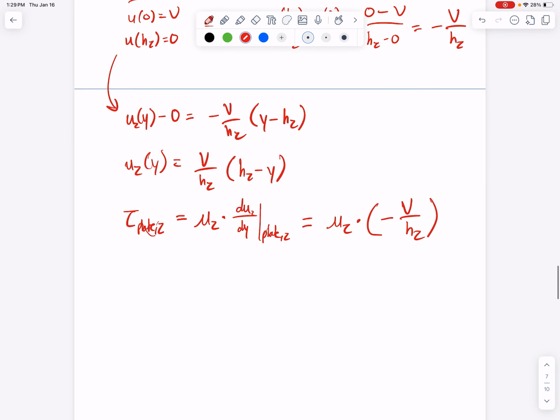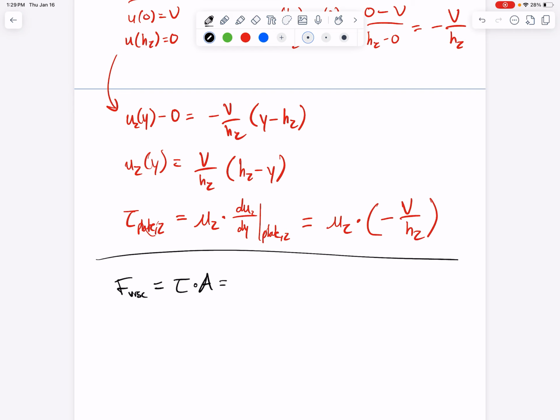So as I mentioned before, F, the viscous force, is equal to the shear stress multiplied by contact area. And I'm going to sum up my two forces.